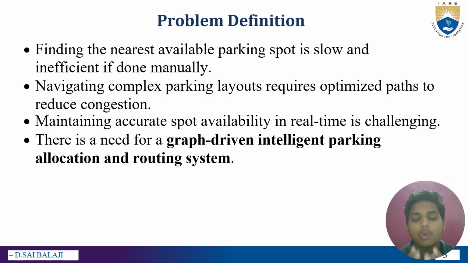The problem definition is that finding the nearest available parking spot is slow and inefficient if done manually. Navigating complex parking layouts requires optimized paths to reduce congestion, and maintaining accurate spot availability in real time is challenging. There is a need for a graph-driven intelligent parking allocation and routing system.